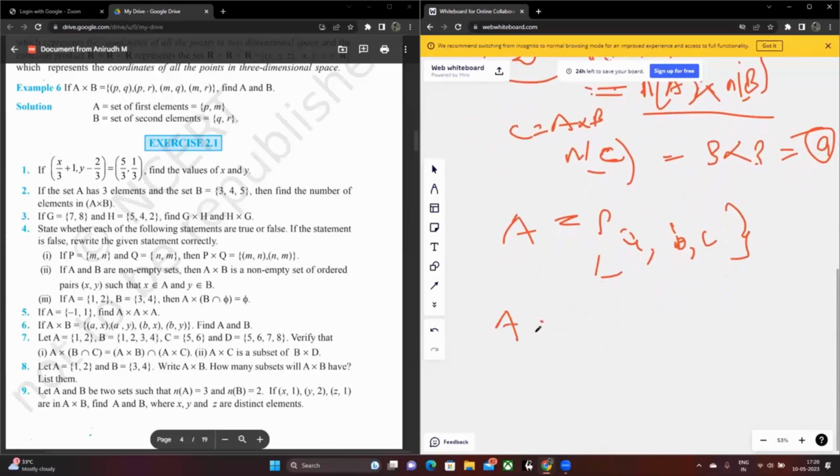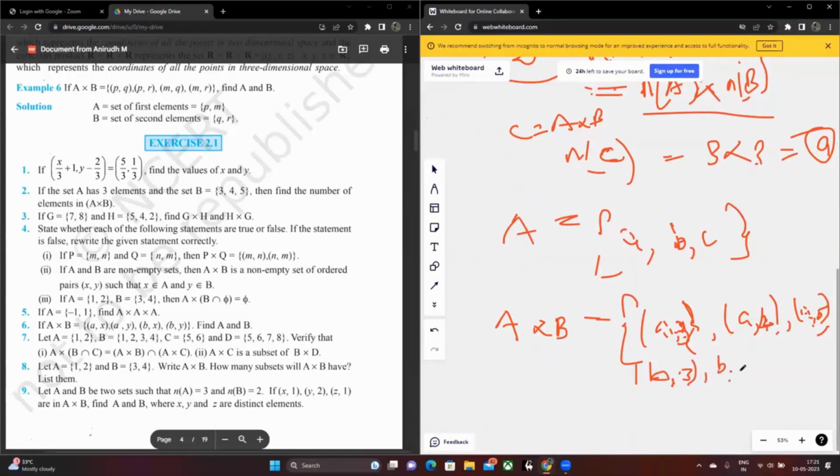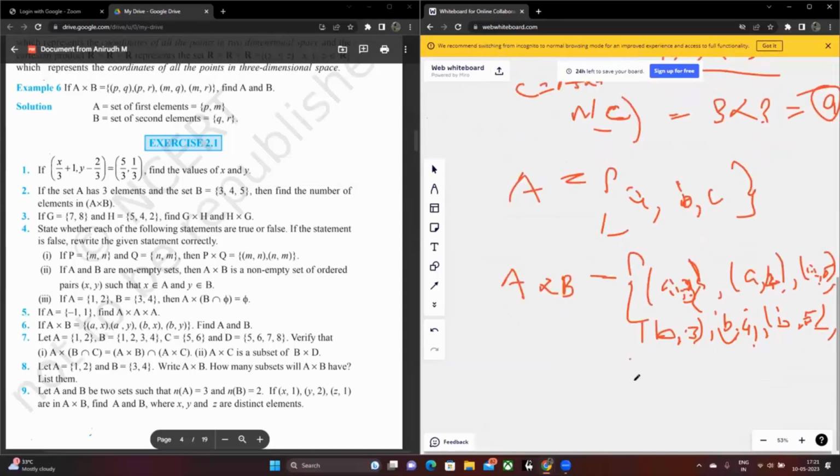And you can generate A cross B as the set of a3, a4, a5, then b3, b4, b5, and then c3, c4, c5.